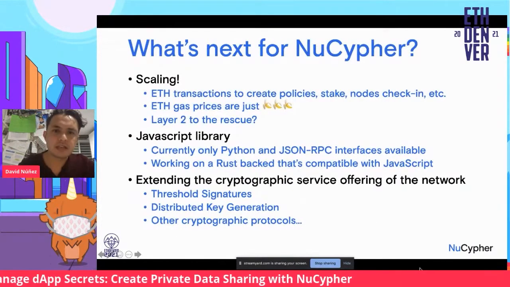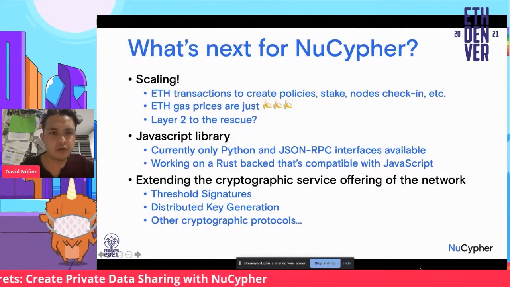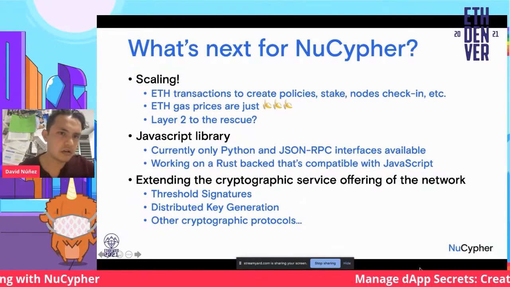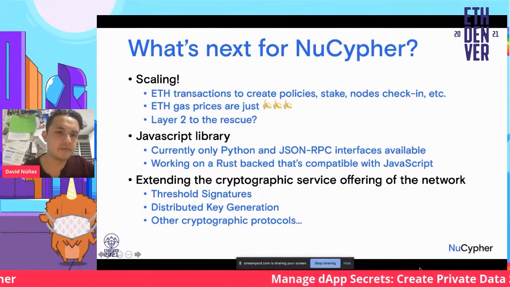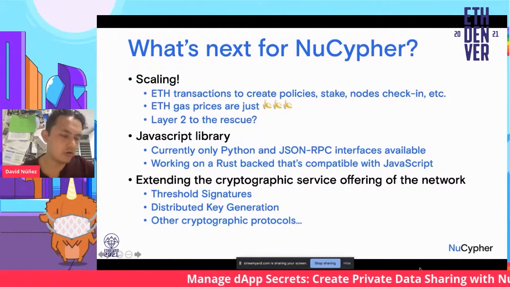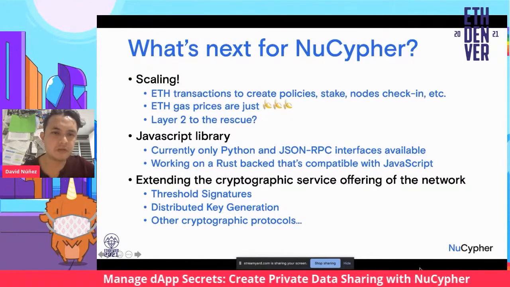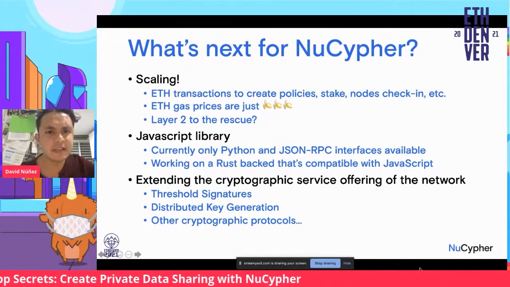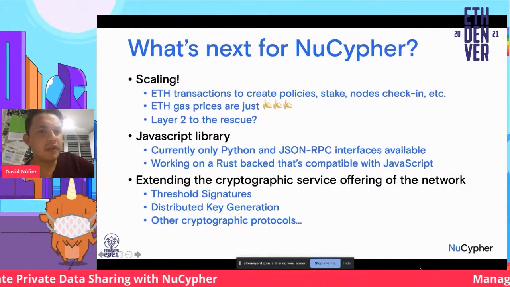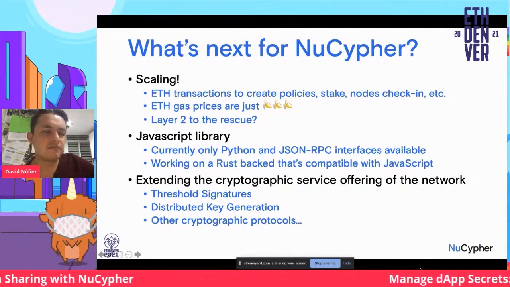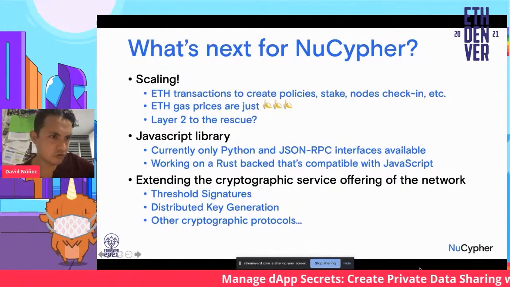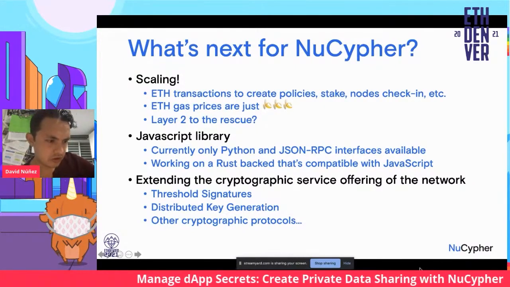And what's next for NuCypher? So we have several challenges ahead. We have the problem of scaling. I think we are all aware of how difficult the situation is regarding fees. So NuCypher relies on Ethereum transactions for several things, like, for example, creating policies or performing stake operations.